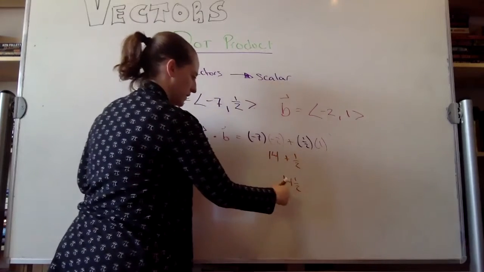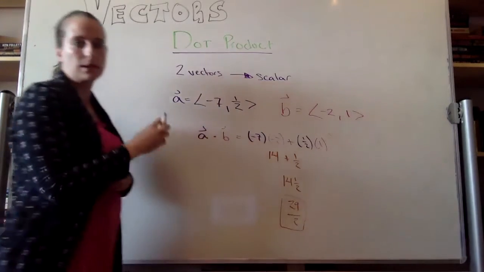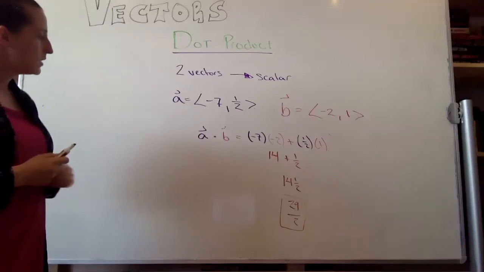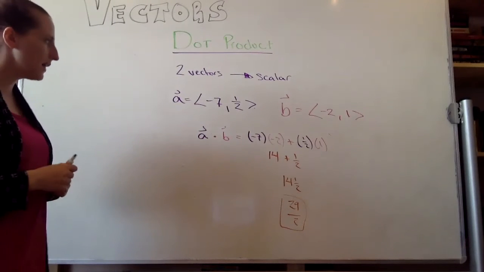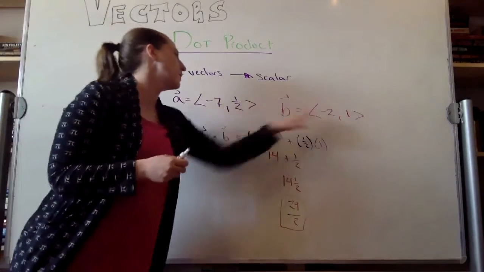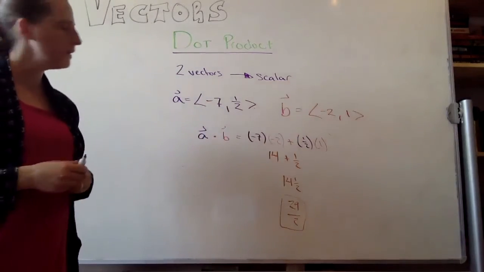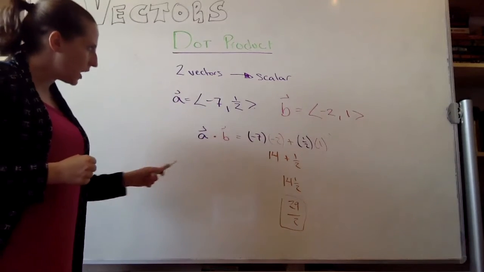Or let's see, 2 times 14, 28, 29 halves. Okay. All right. So not too challenging again to compute. We're just doing horizontal components multiplied together plus vertical components multiplied together. Okay. So again, this is our dot product.